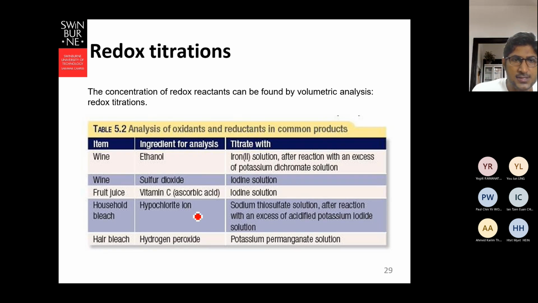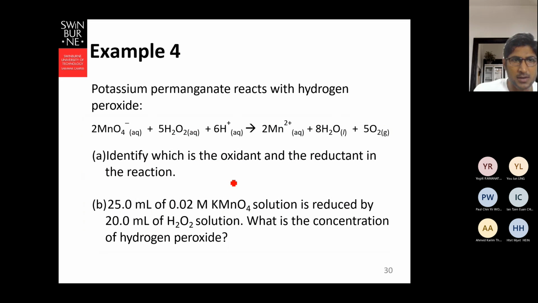Okay, so those things we can find out, how much is the quantity of all those compounds here. Potassium permanganate reacts with hydrogen peroxide, and hydrogen peroxide loses this.